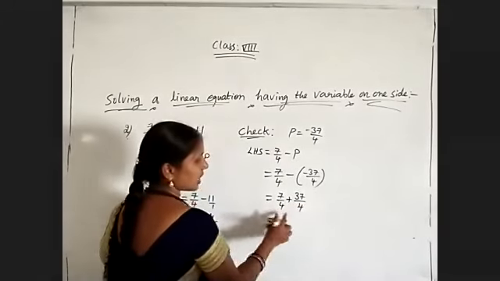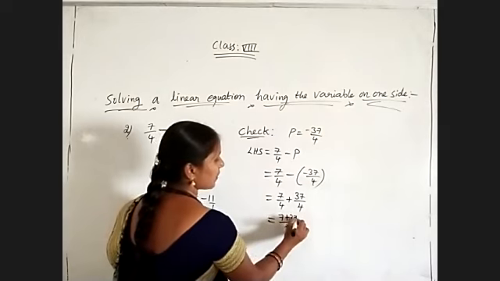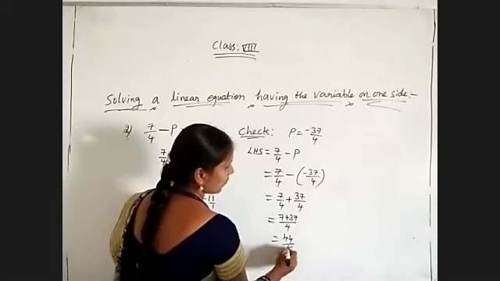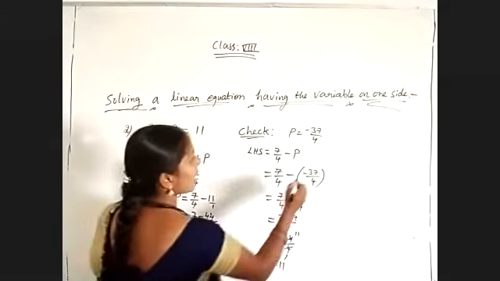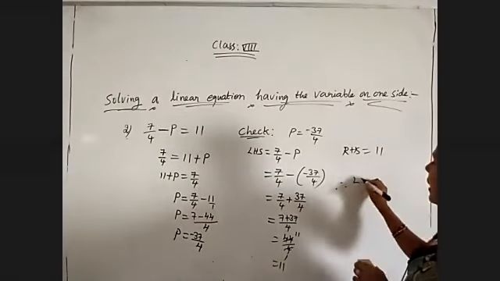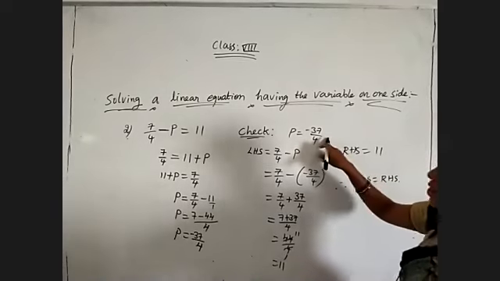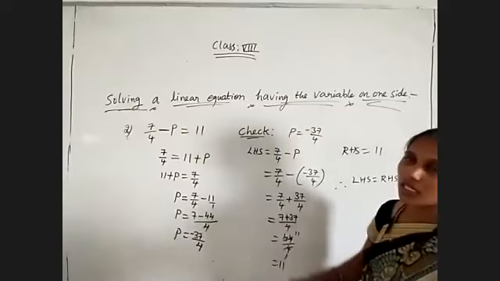The common denominator is 4 and the sum of the numerators is 7 plus 37, which is equal to 44 by 4. 4 ones are 4, 11s are 44. So this is equal to 11. And what is our RHS? RHS is also equal to 11. Therefore LHS is equal to RHS. That means whatever value we got for p is the correct value for the given equation.